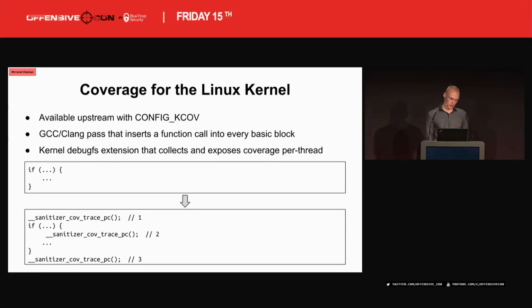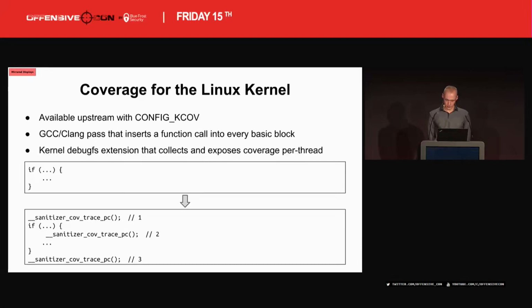For GCC and Clang, we have compiler passes that insert callbacks into every basic block when they compile the kernel. Then we have a kernel module that collects PCs, the current RIP value basically, whenever this callback is called, and it exposes it to user space.